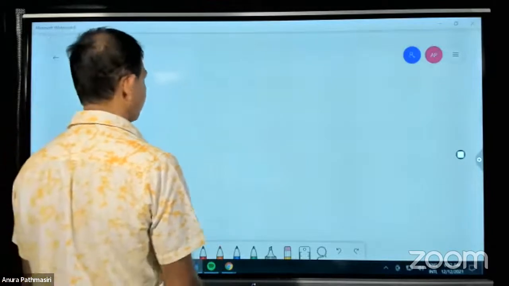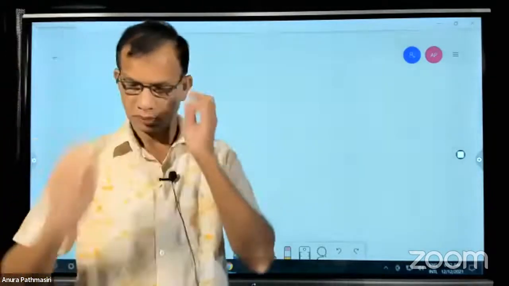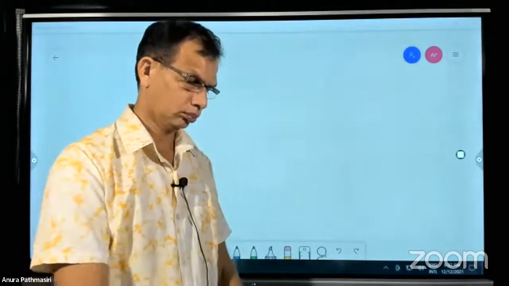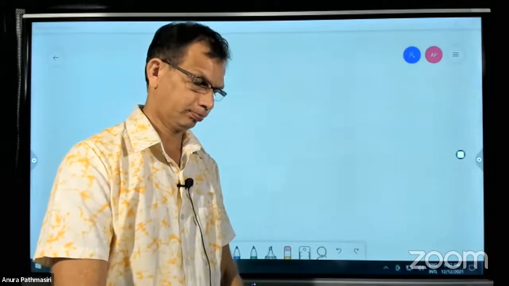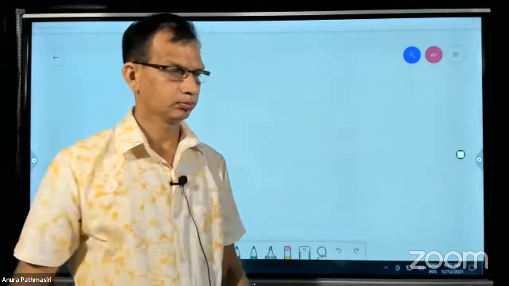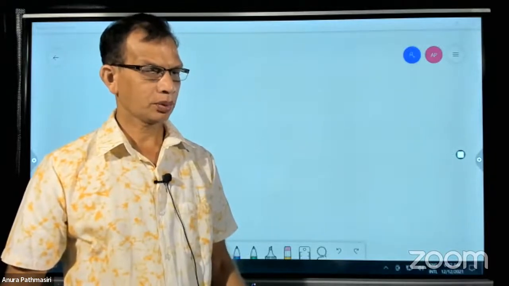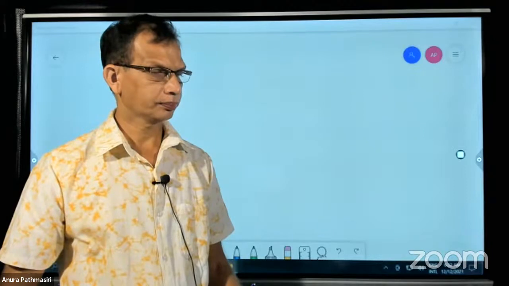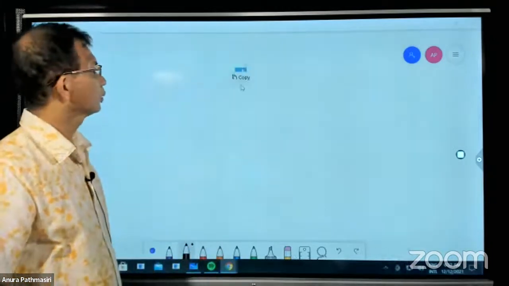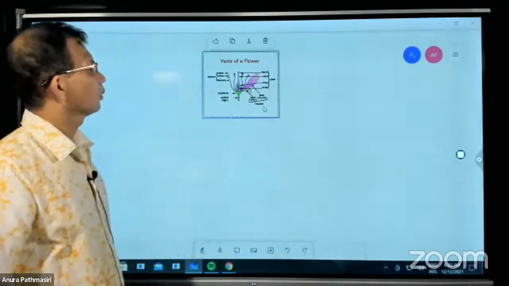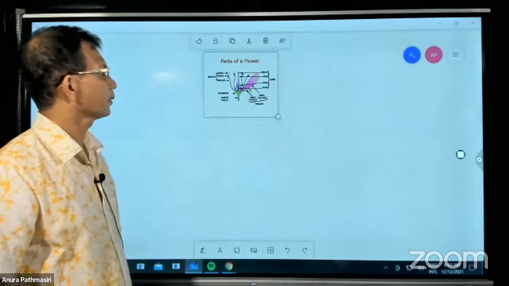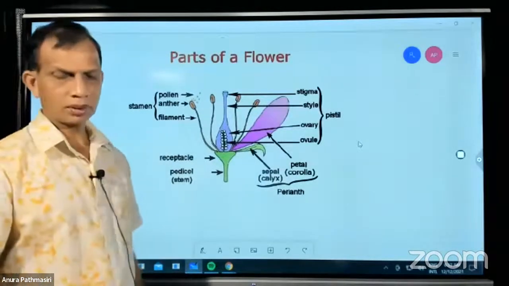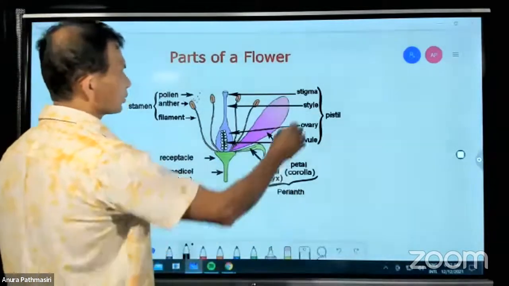When there is a flower, I'm going to show you the structure of a shoe flower. This one has a pistil.